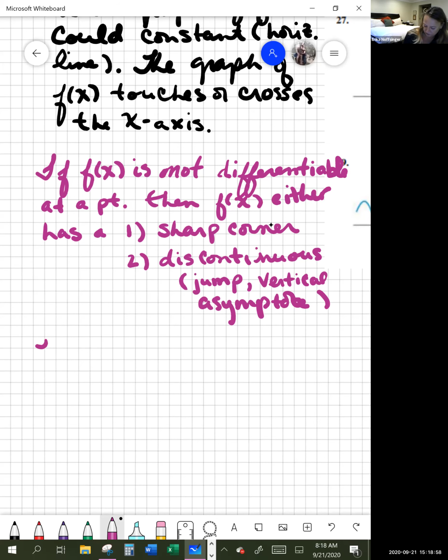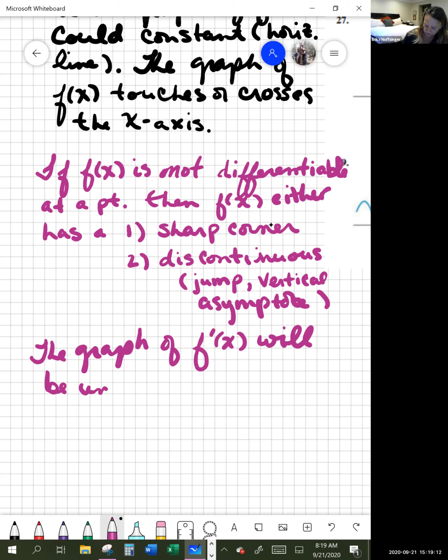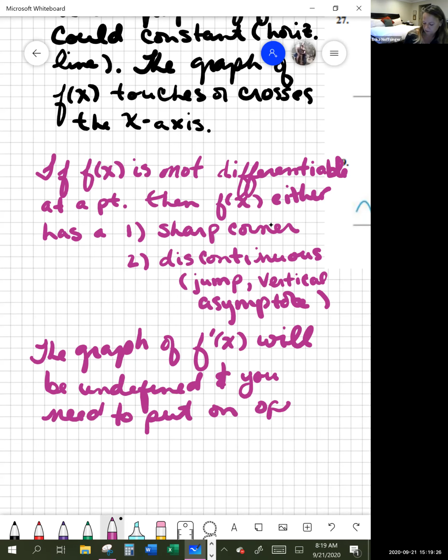So the graph of f prime of x will be undefined here, and you need to put an open circle on the graph of f prime of x.